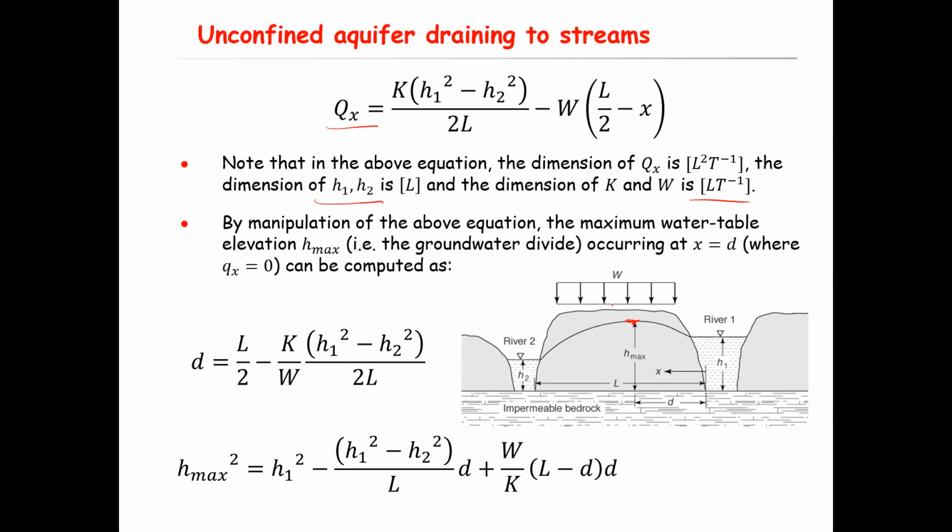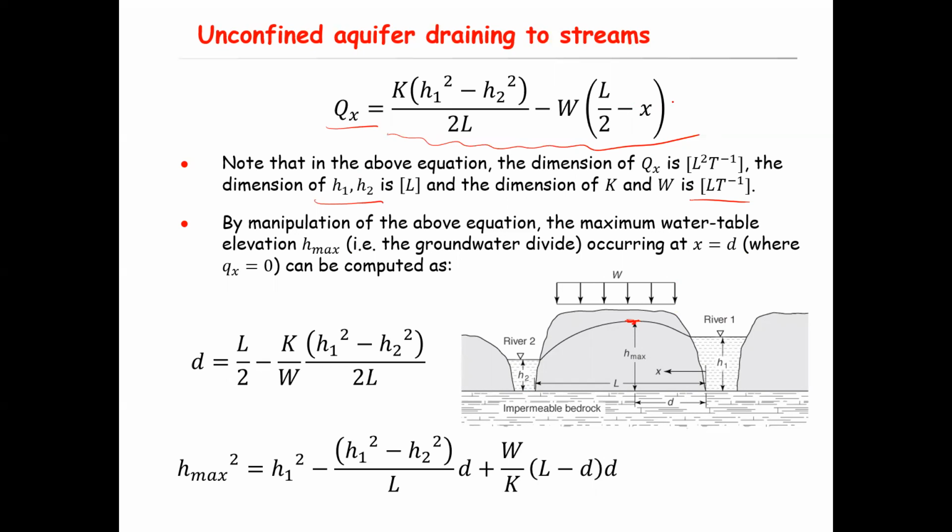Since Darcy's law is based on the gradient of the head, and at that point the gradient is equal to 0, that means velocity will be equal to 0, so Qx is equal to 0. Then you can rearrange this equation and calculate the x value at which Qx will be equal to 0.